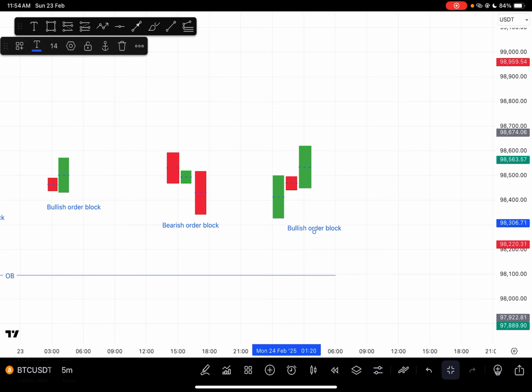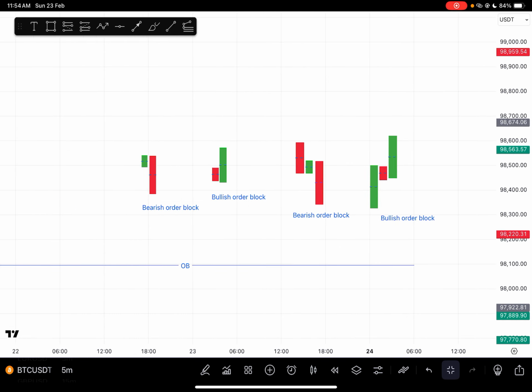These are the types of order block I usually use when taking my entries.